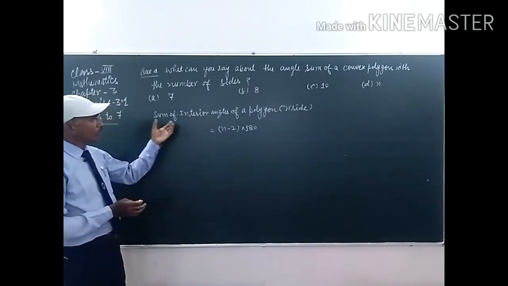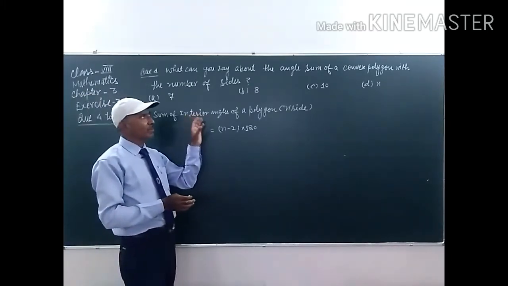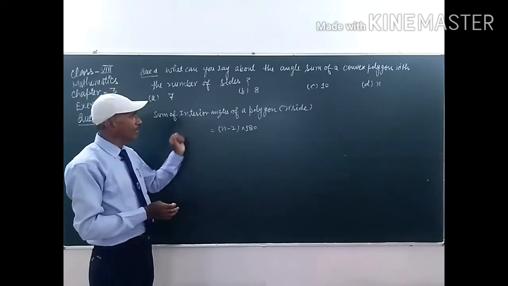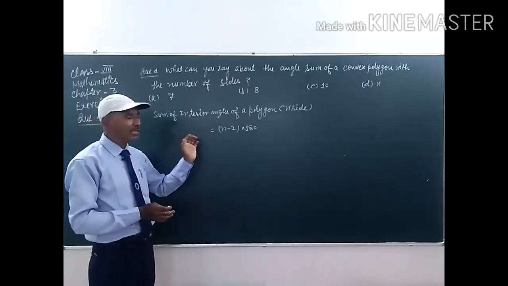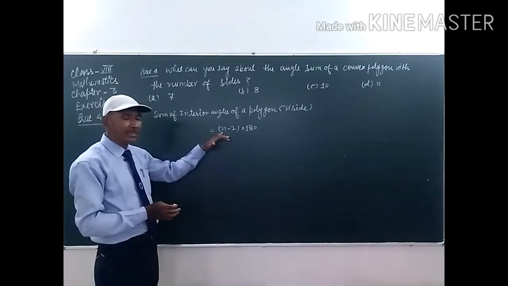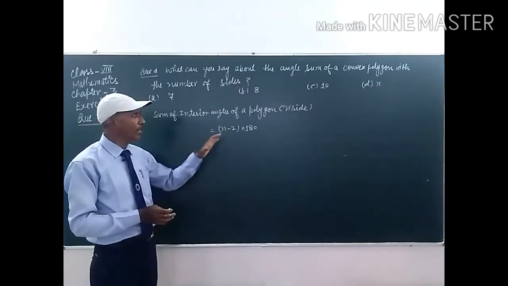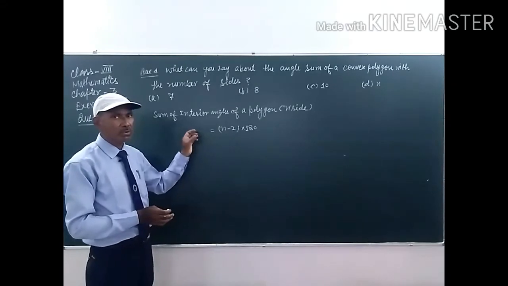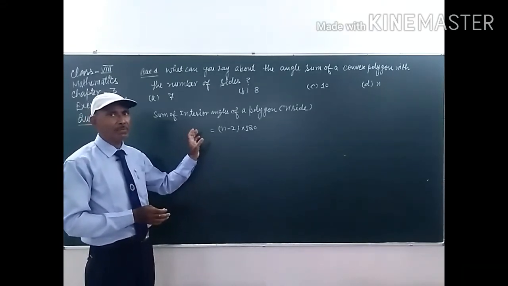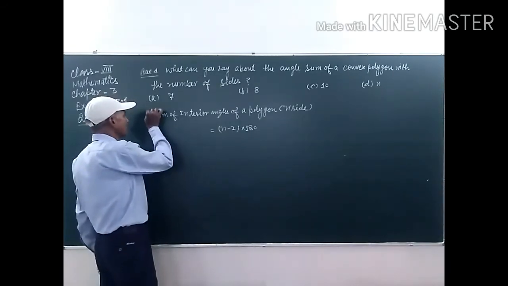If we want to find out the sum of the total interior angles, then we have to find the number of sides first. If the number of sides is n, then we have to subtract 2 and multiply by 180 to find the sum of the total interior angles. This is the formula, students.